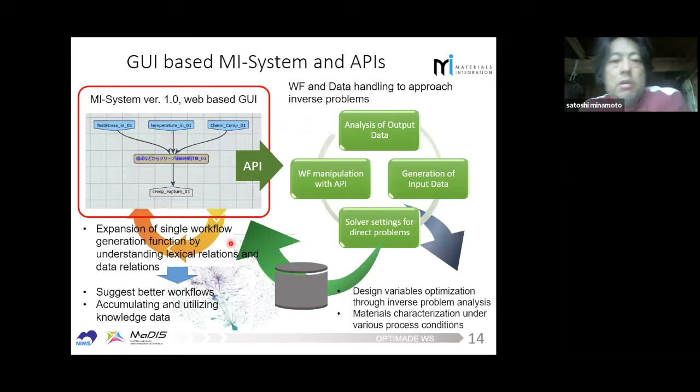And our national project has just started its second stage. So we are aiming at this second phase to build APIs to control our system. In the red line, this is the materials integration system that I have mentioned.